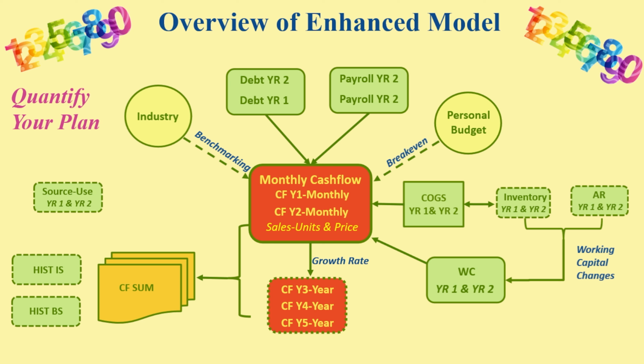And finally, the output reports include a business plan, a cash flow summary, just like the basic model, and 2 other reports on separate tabs, a value report and an income statement forecast for 5 years. And that's how data flows through the enhanced model.